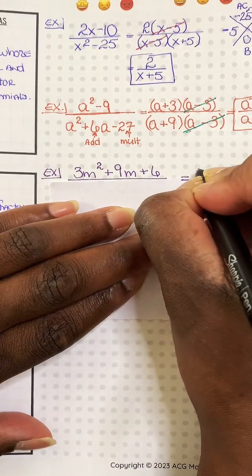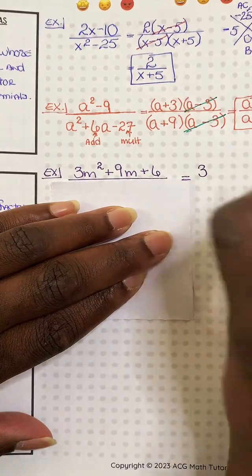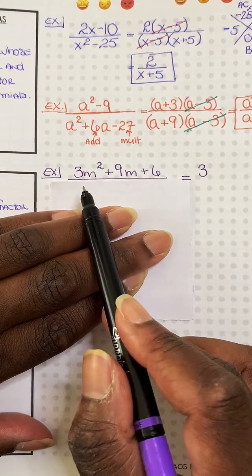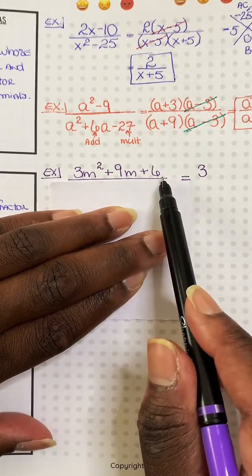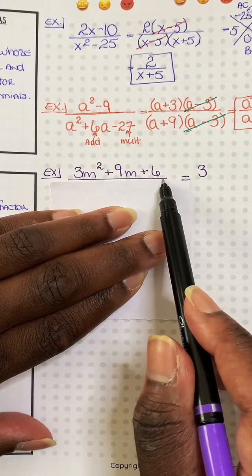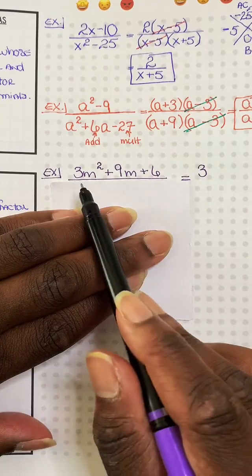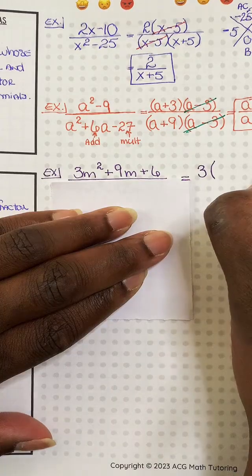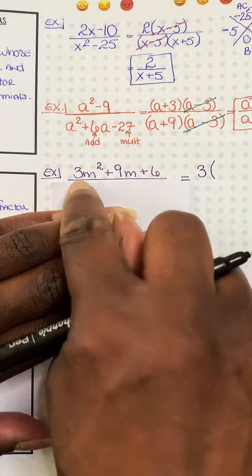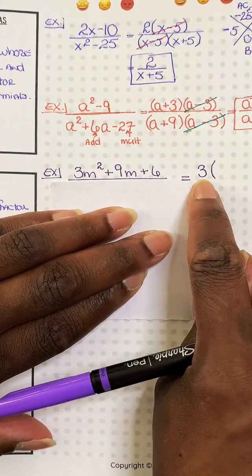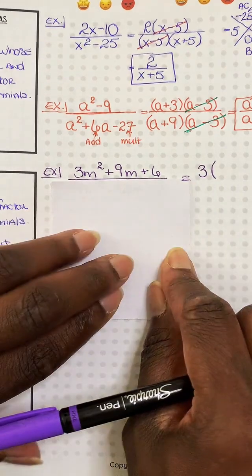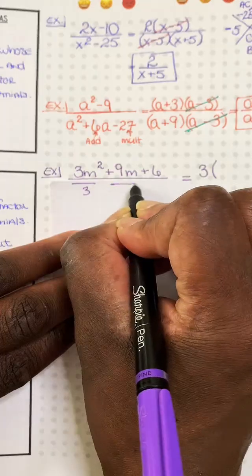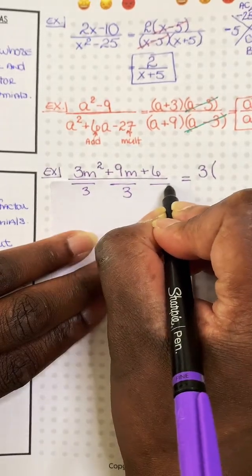All right. So now let's factor that 3 out. So if we only have the 3, it's not 3m, it's just the 3 because that 6 does not have an m associated with it, okay? So since it's just the 3, we're going to divide that original expression with our 3. So it's going to look something like this. We divide this by 3, divide this by 3, divide this by 3.